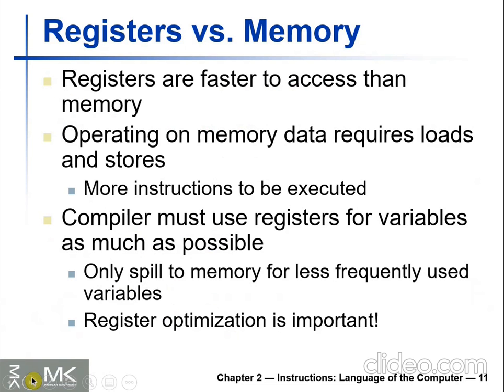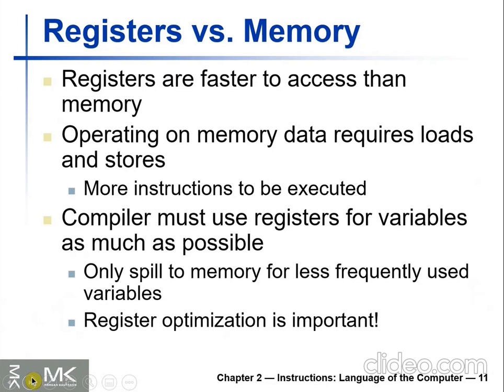Now, just some concluding remarks here. Using registers versus using the memory. We said this during our discussion, but let's concentrate more on them. Again, registers are faster to access than the memory. Why? Small set, very close to the processor.